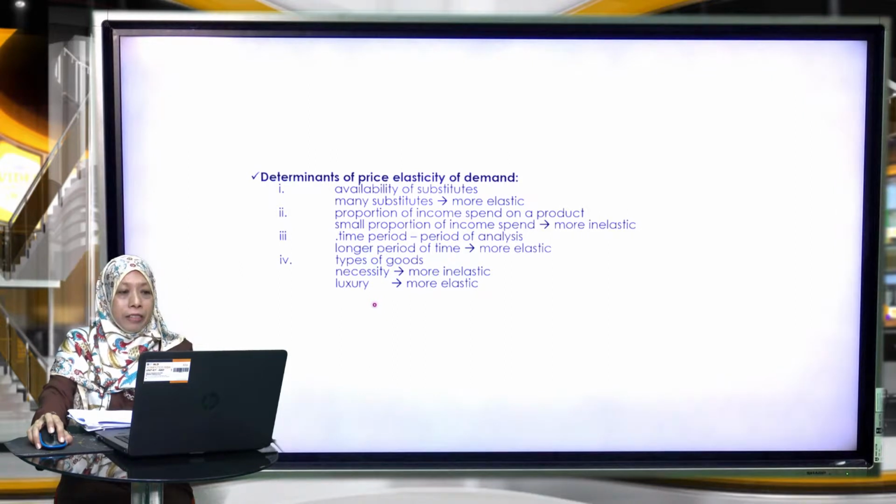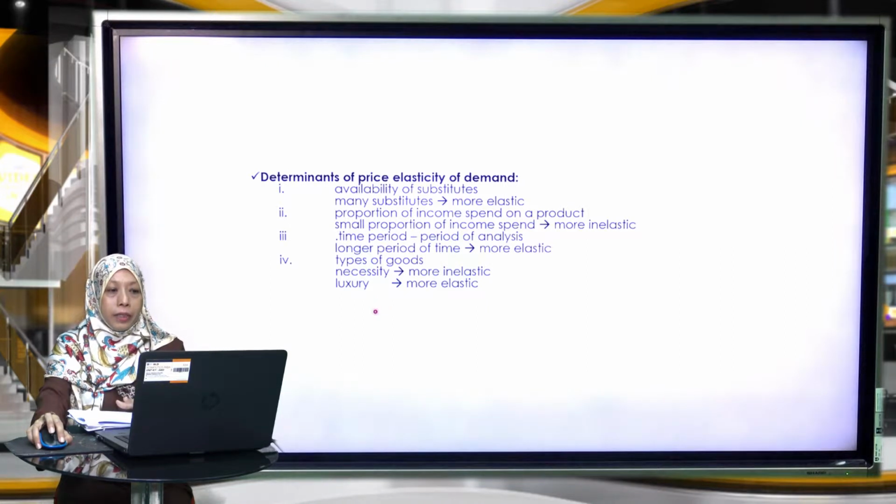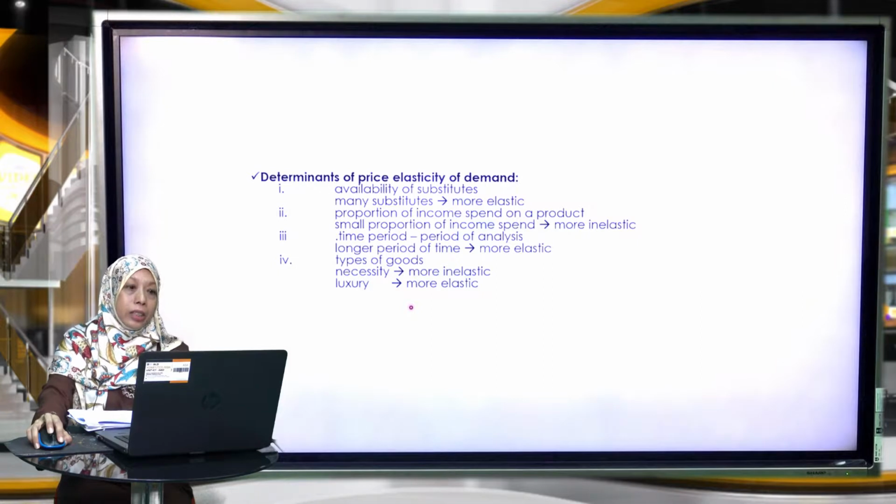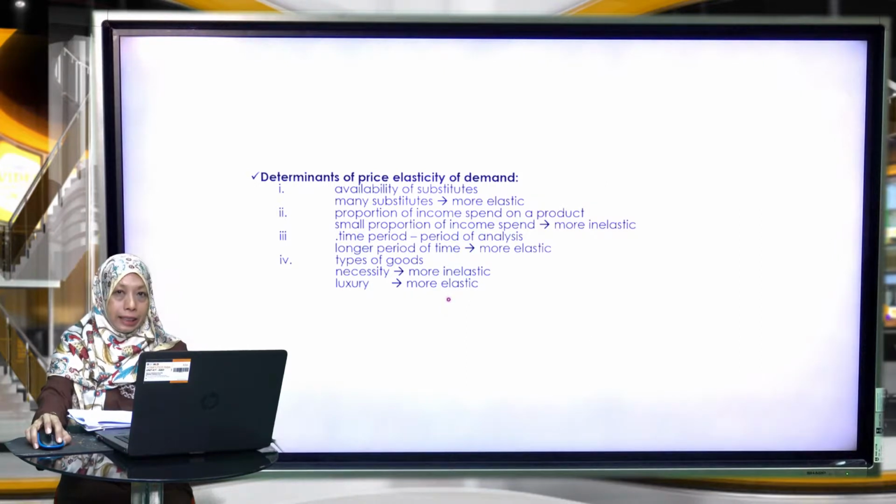You can still live even though you don't have a luxury product. So assuming the price of a luxury product increases, quantity demanded will fall by a larger amount. If the product is a necessity, demand tends to be inelastic, but if it is a luxury, demand tends to be elastic.